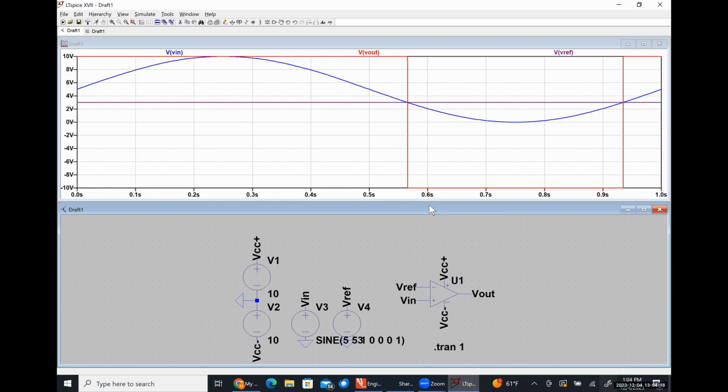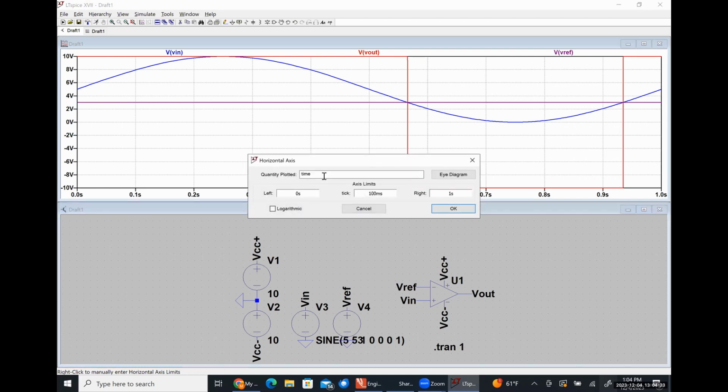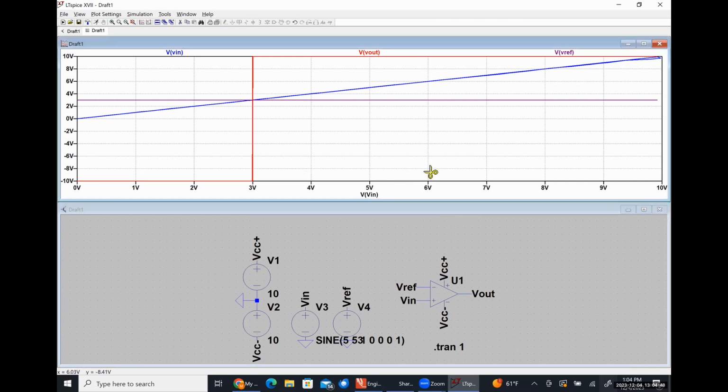Now, this is a graph as a function of time. So it looks significantly different than what we had originally drawn. So I can actually fix that. If I mouse over this x-axis here and right-click, I can change the quantity that I'm plotting against. So right now I'm plotting against time. I'm going to change this to plot against the voltage V, open parentheses, Vin. And I'm going to delete Vin from the graph because I don't need Vin versus Vin.